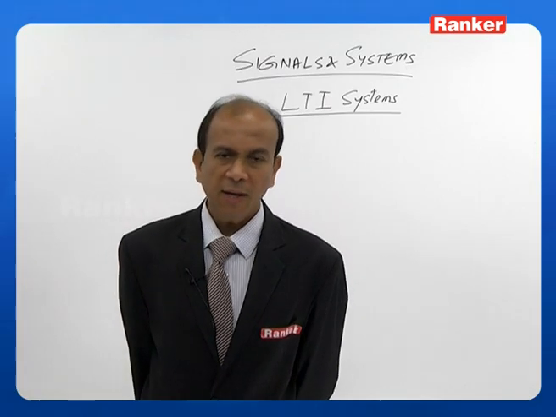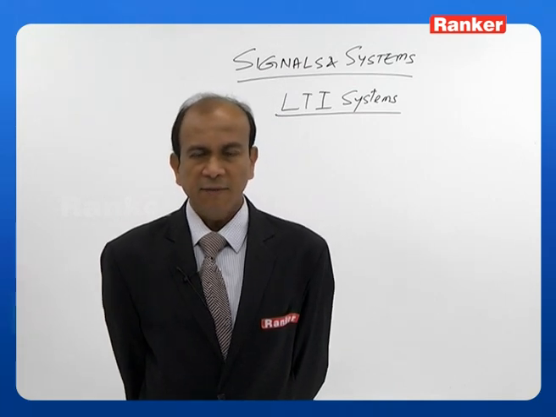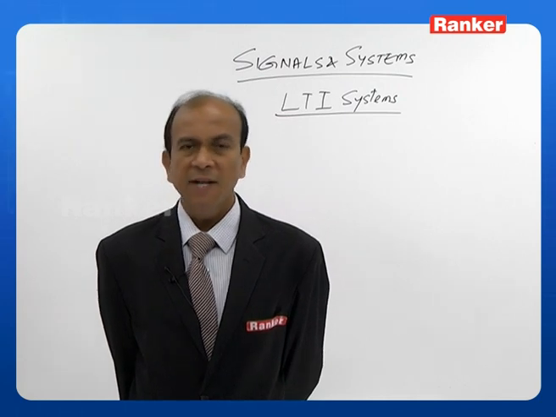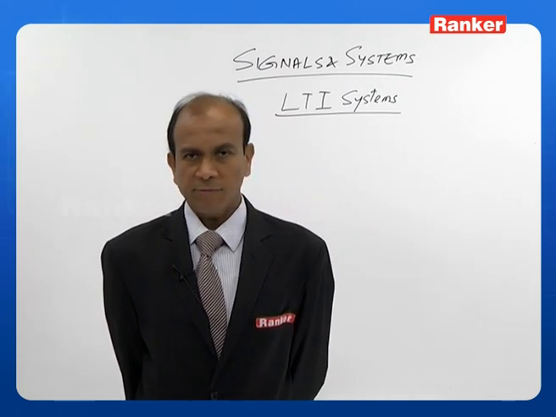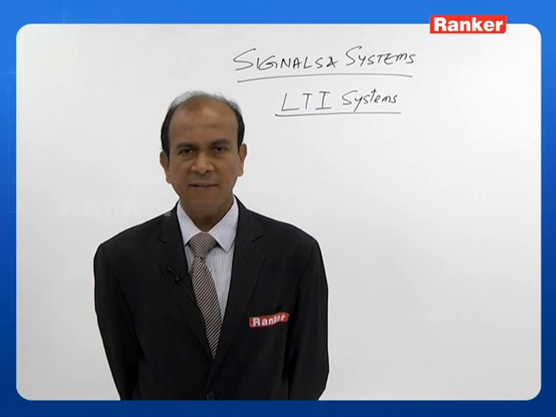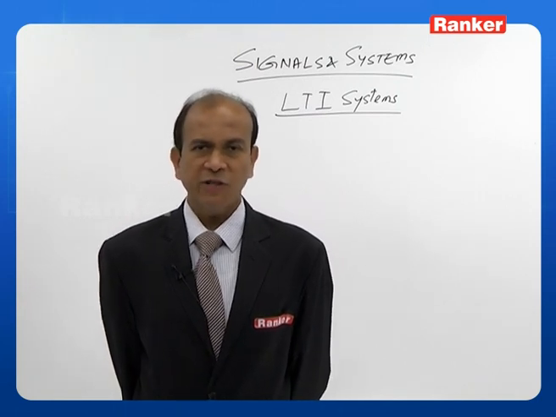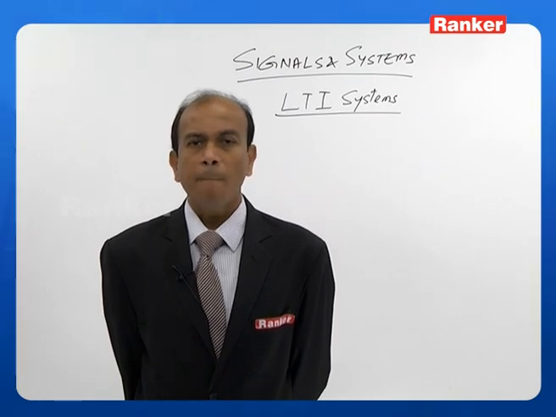That means if I look at an energy signal, its power must be 0, and if I look at a power signal, its energy must be 0. A power signal will have zero energy and an energy signal will have zero power.